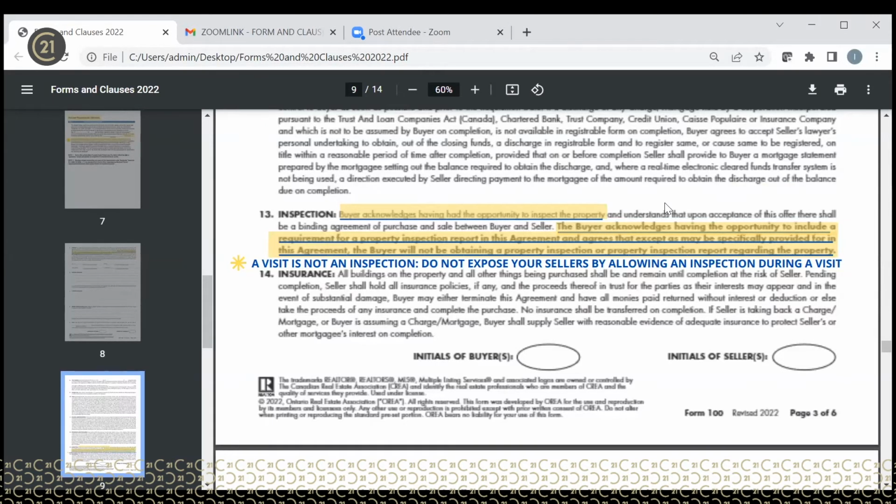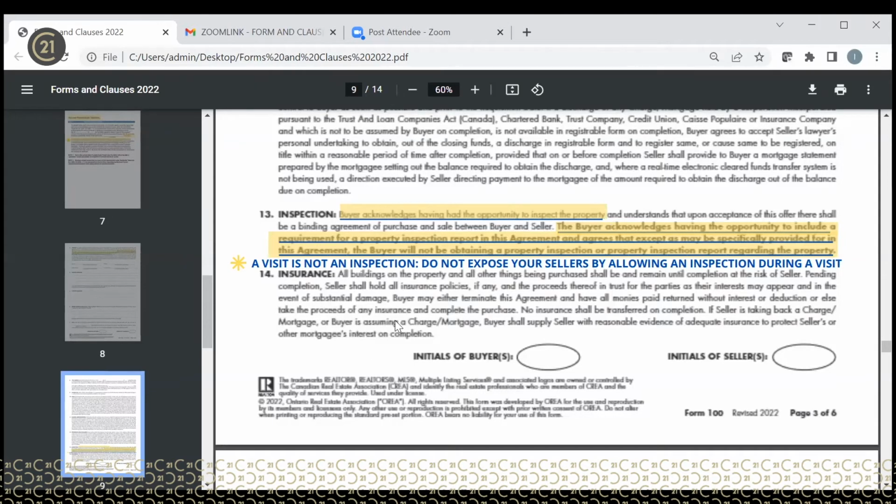And then at the last minute, some buyers' agents were coming back saying, we want to do a building inspection because we have the opportunity in the pre-printed clauses. That's not what this says. This says you had the opportunity to do your inspection prior to preparing a firm unconditional offer.